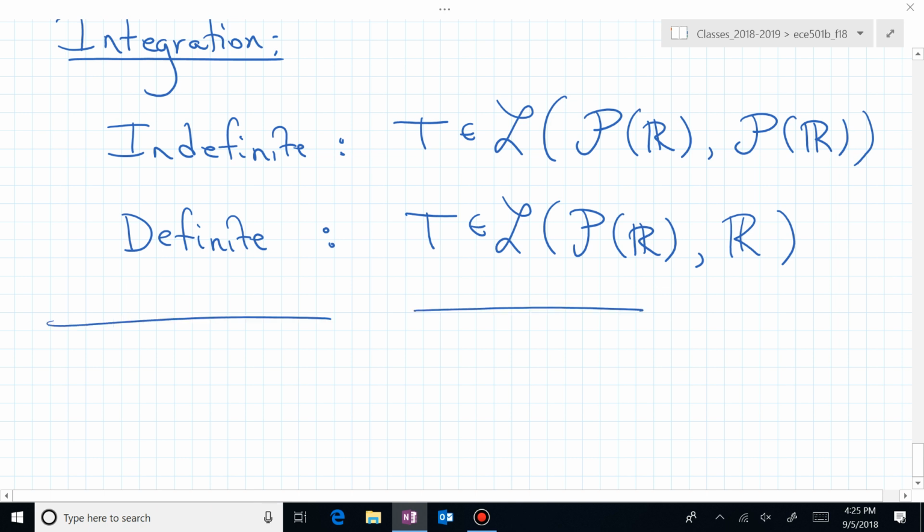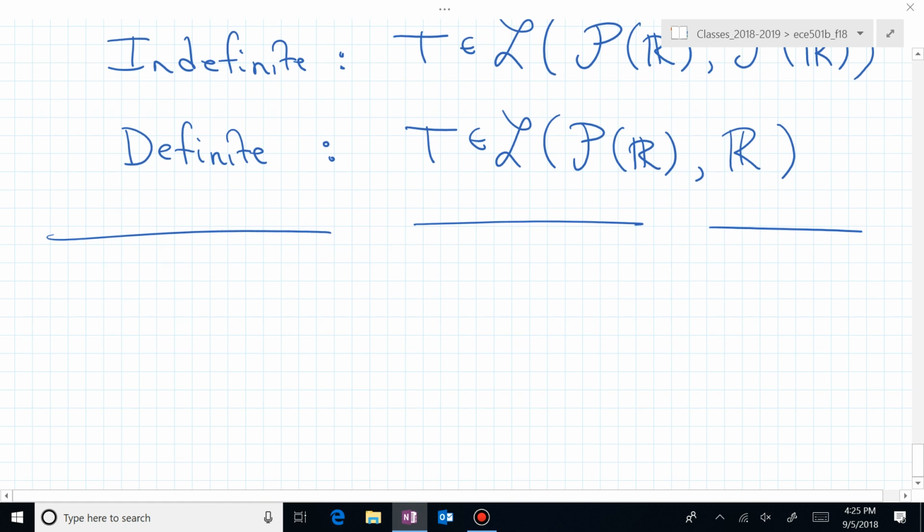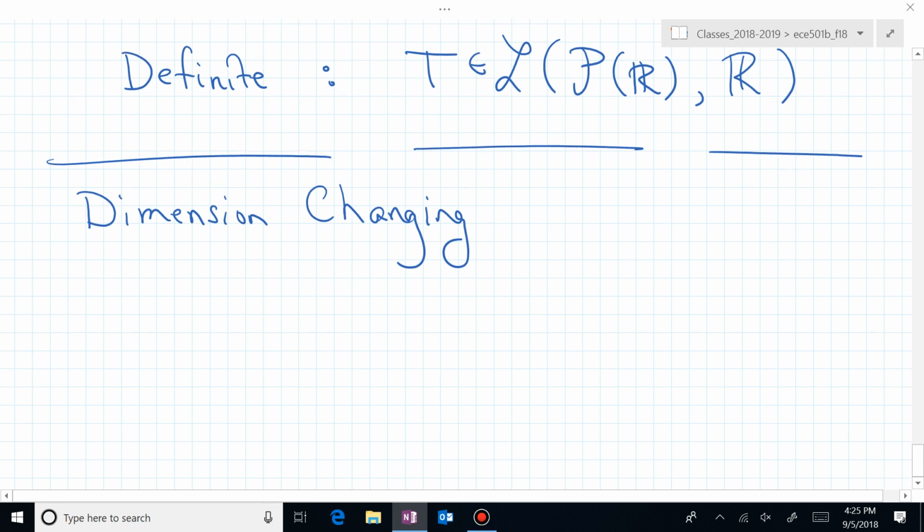What's another example of a linear map? This one is called dimension changing, where now this linear map T is, let's say, going from R3 to R2.